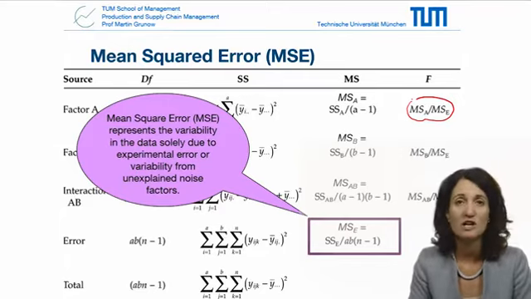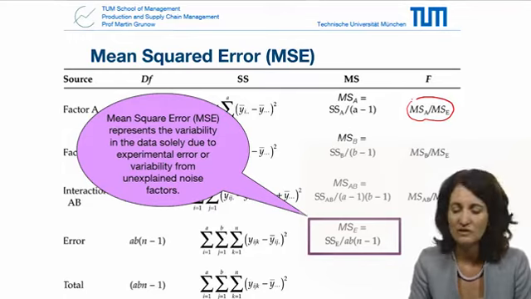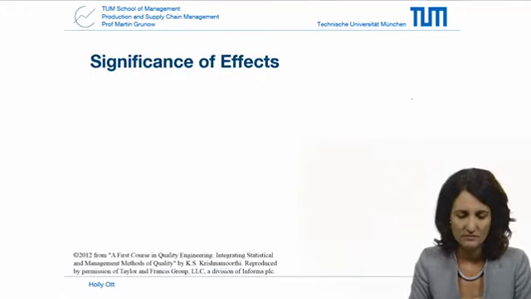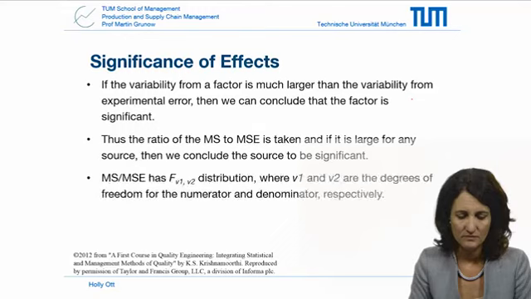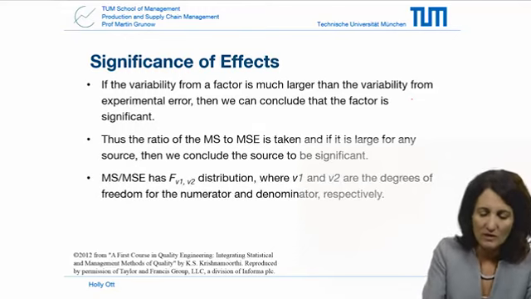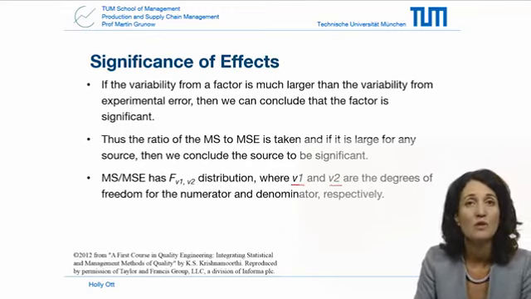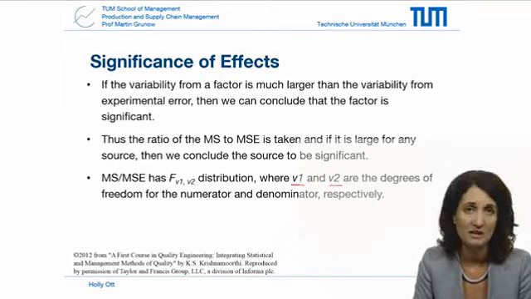Now, as we talked about before, we have to use the F distribution with degrees of freedom φ1 and φ2. I've got this all here. φ1 and φ2 are the degrees of freedom for the numerator and the denominator respectively.